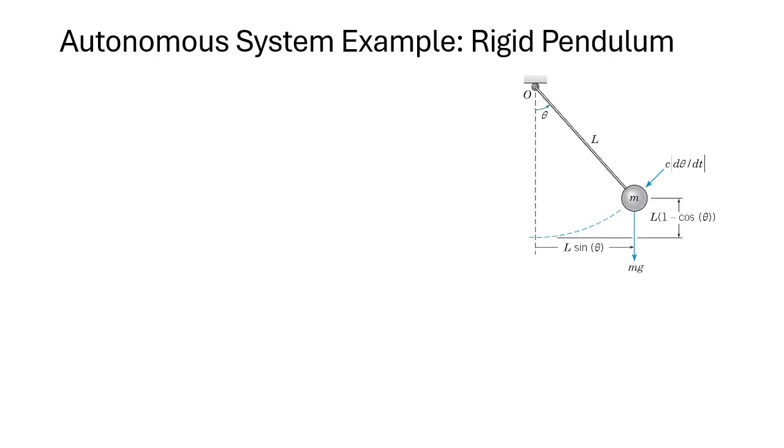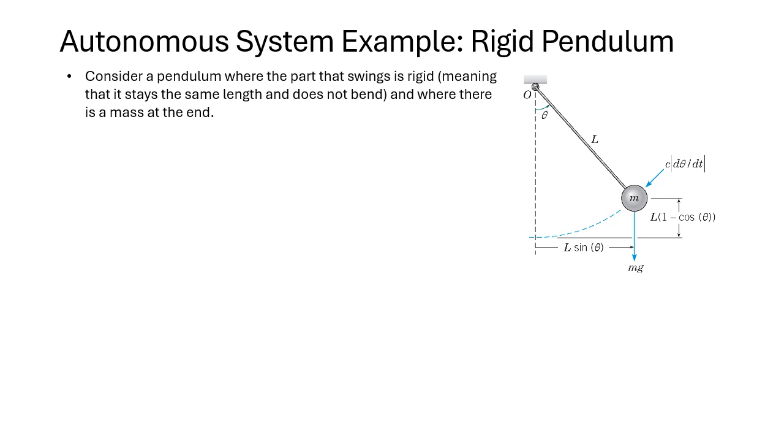So, a phenomenon that can be represented with an autonomous system is the rigid pendulum. This involves a mass hanging from a fixed length that is attached to a hinge. Now, in this system, we are actually not going to use x and y for what they may seem, because x and y in this case are awkward.